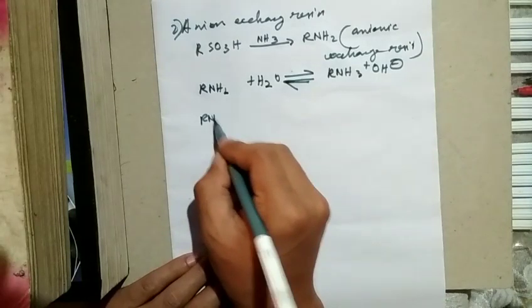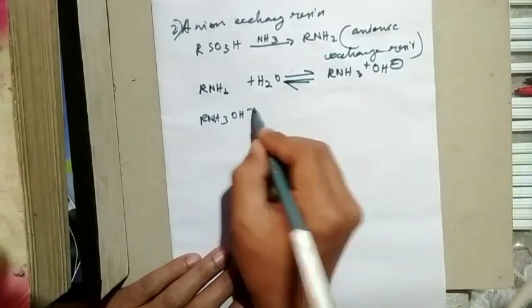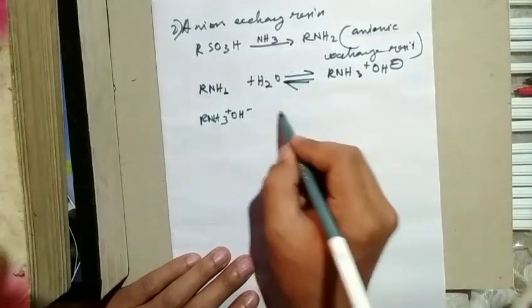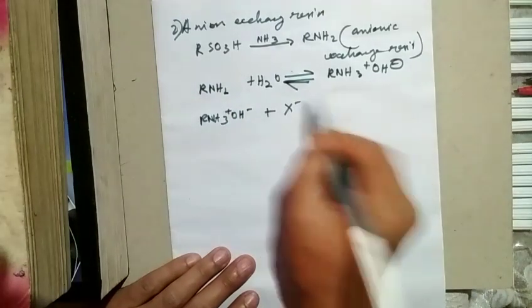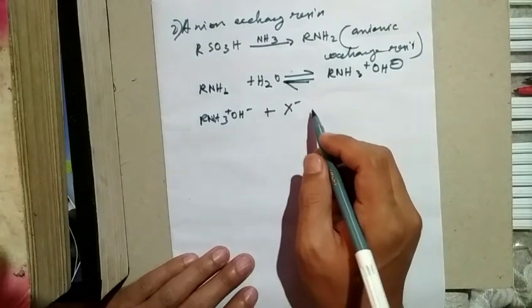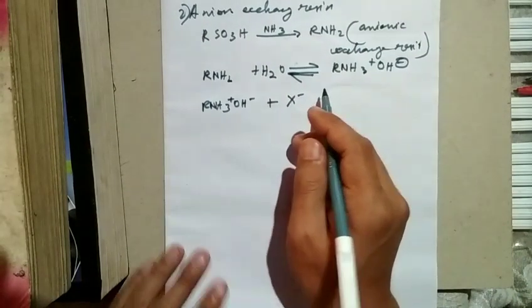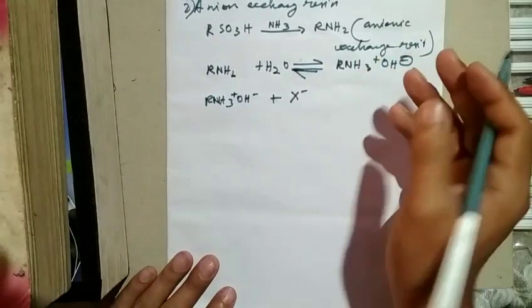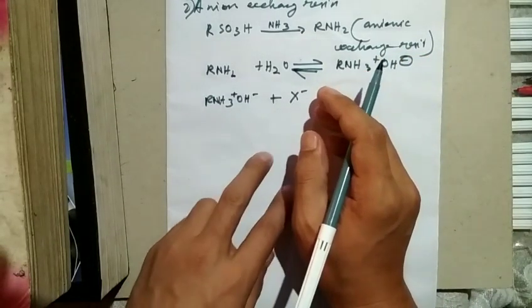This can react with chlorides, sulfates, those anions, anions meaning those having negative charge.